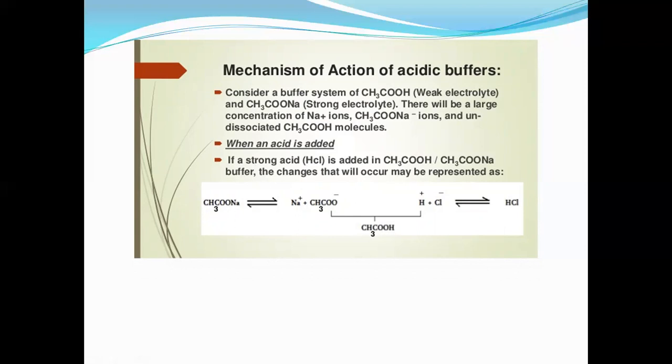A buffer system which consists of a weak electrolyte and a strong electrolyte, the salt of a strong base. There will be a large concentration of sodium ions and undissociated molecules.